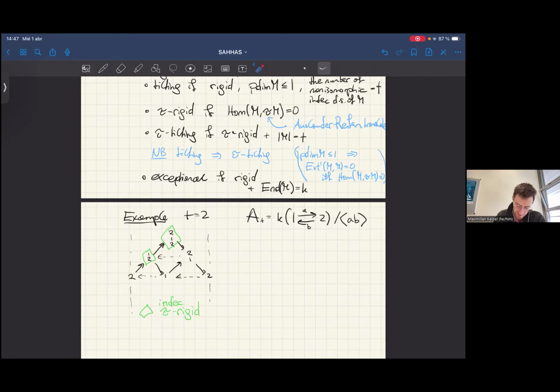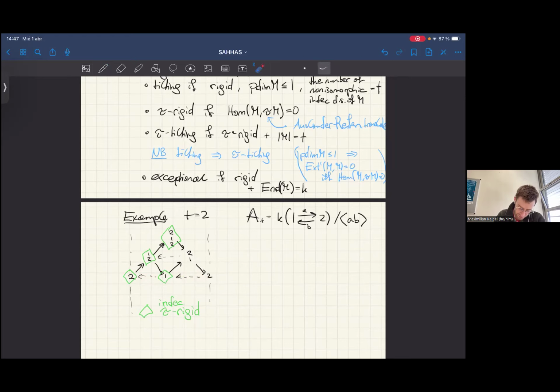And then we can see that the simple objects form this orbit under the Auslander-Reiten translation. So tau of 1 is 2 and tau of 2 is 1. And of course, they don't have any maps to each other, so these will also be tau rigid.